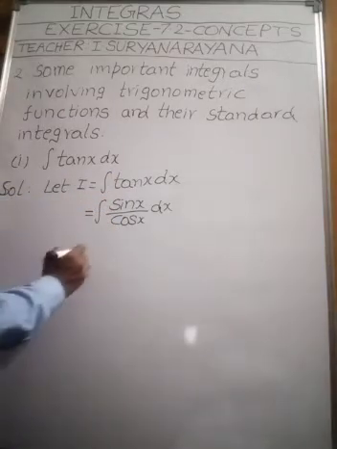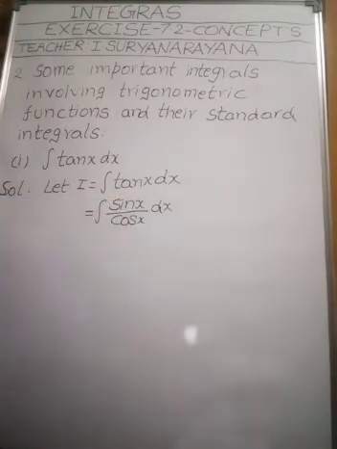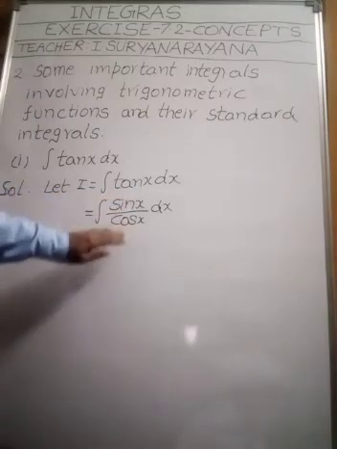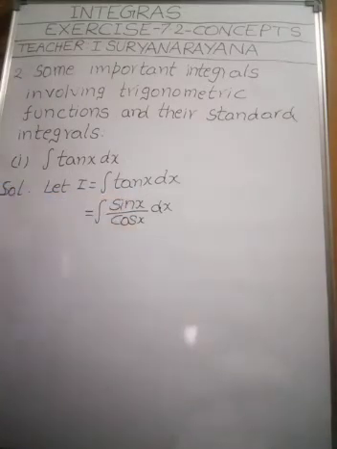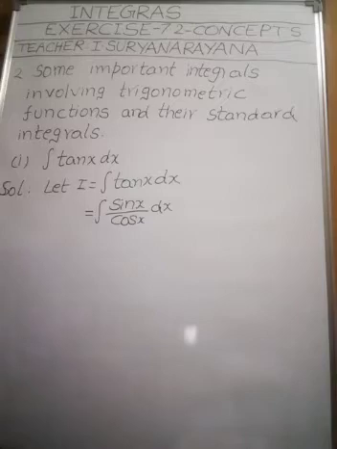Right. If you observe, there are two factors: for the numerator is sin x and the denominator is cos x. Now we have to choose a suitable part of this integrand, my dear children, to make this integrand into a standard integral formula.